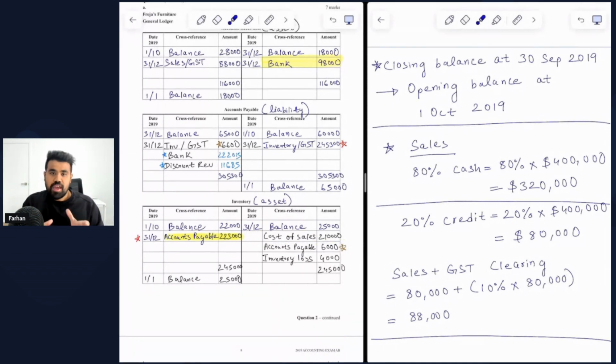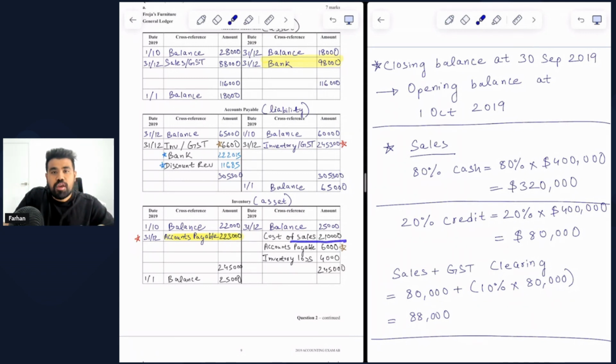The cost of sales simply refers to the amount that we have paid to buy those inventory which we have sold to our customers. So obviously, whatever inventory we as a business had sold to our customers had to be purchased before from our suppliers, right? So that's the cost of sales, which is what we are referring to. So why is cost of sales on the credit side?